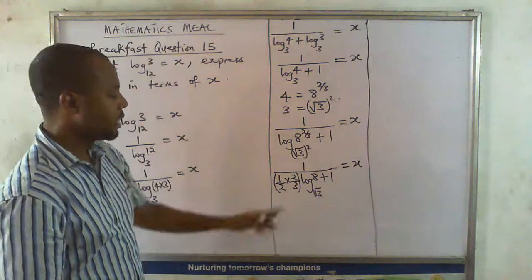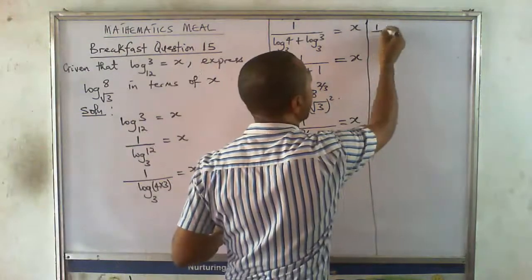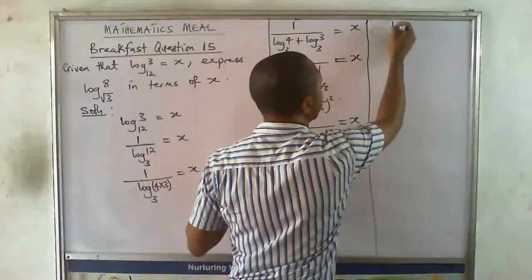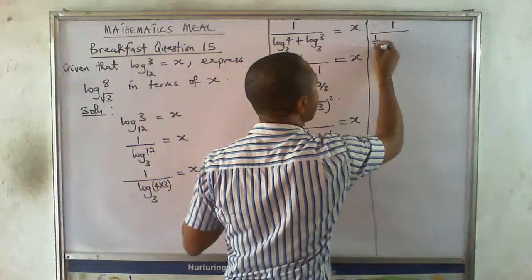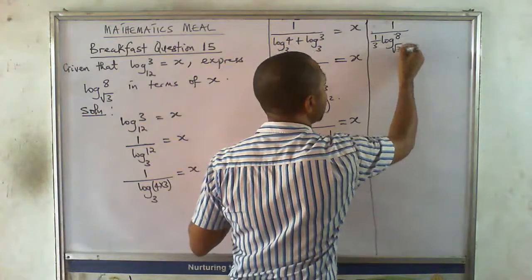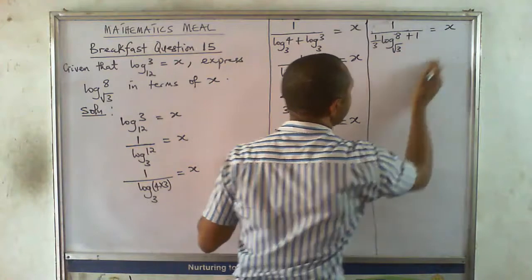This will now cancel out. I will have 1 over 3 log 8 root 3 plus 1 is equal to x.